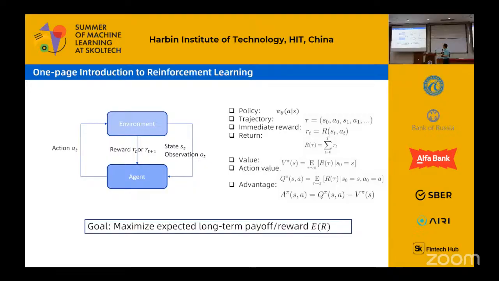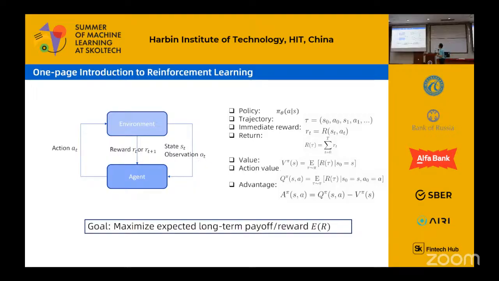So you can see V pi is the expectation over different kinds of actions at this state. And Q, the action value, is only focused on this state and action pair. Okay. So the advantage is used in PPO, or in LLM training.